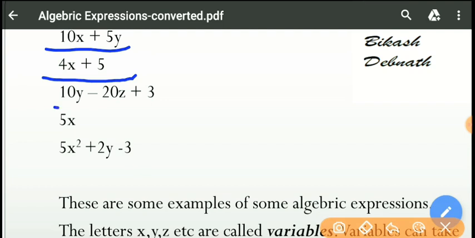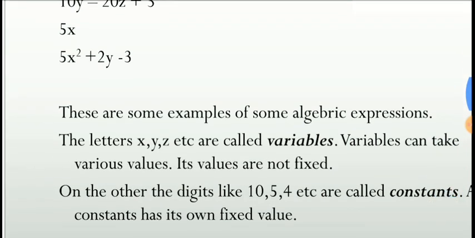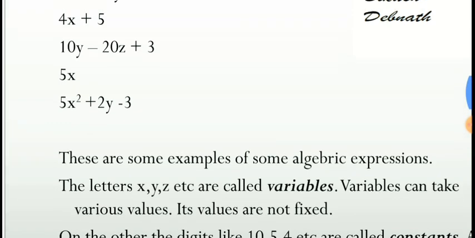Can we write 10y minus 20z plus 3 for another situation? Can we write only 5x for another situation? Can we write 5x squared plus 2y minus 3 for another situation? Yes, of course we can write. Now, these are some examples.